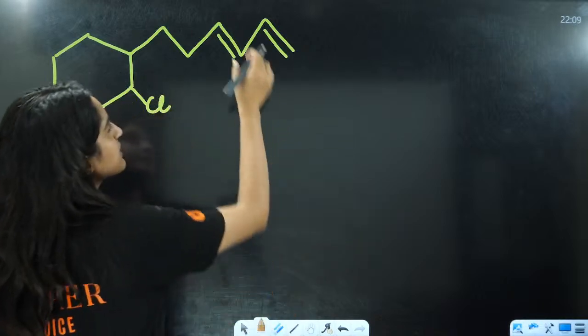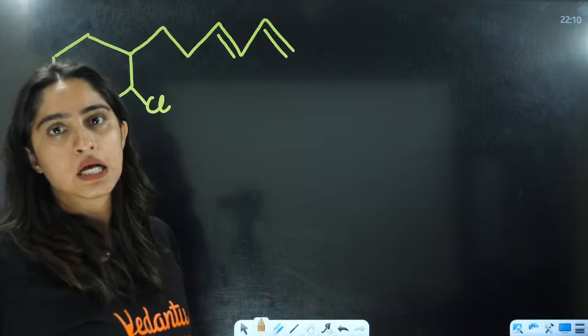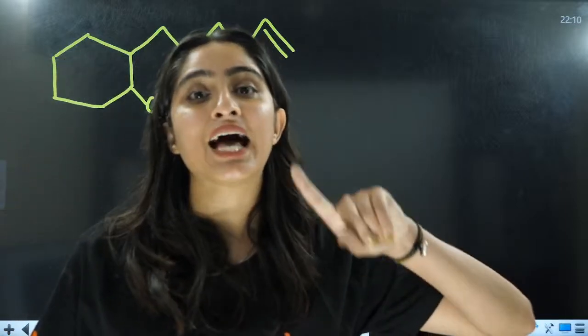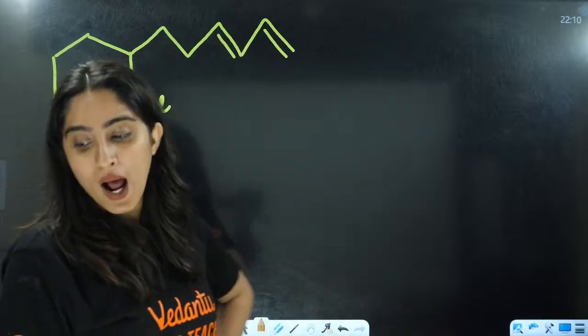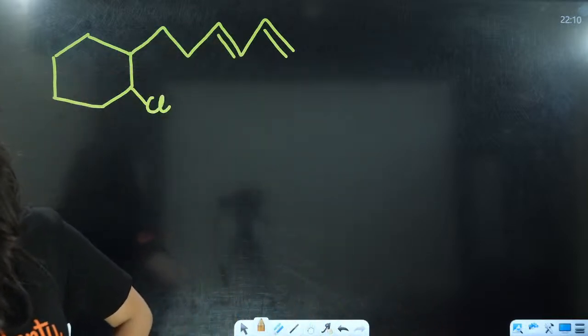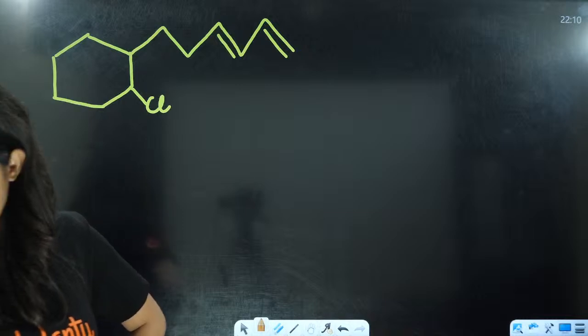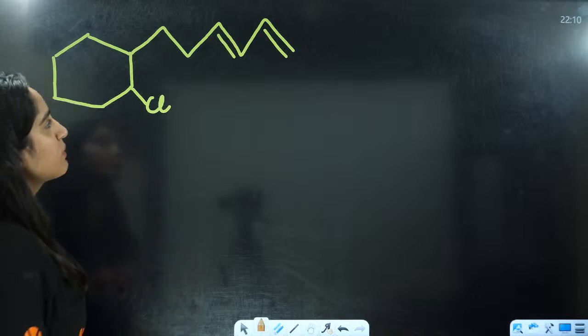If two double bonds are together, like this one and this one, they will be taken as 1 double bond only.